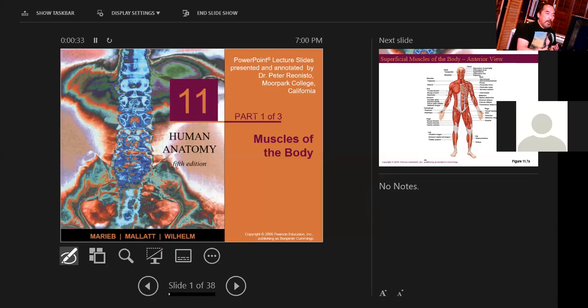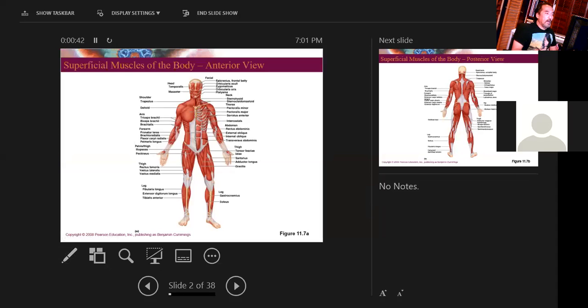Okay, and you should be able to see my writing there. All right, so we're gonna go through the first part, and we're gonna take a look at the muscles here first.